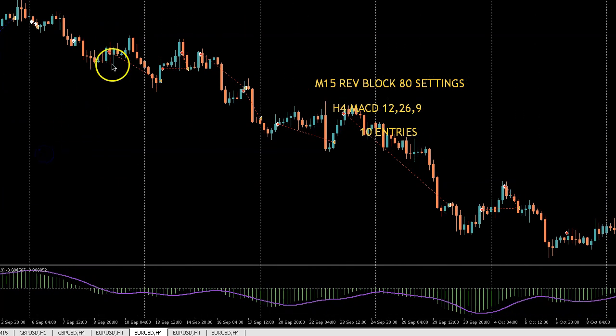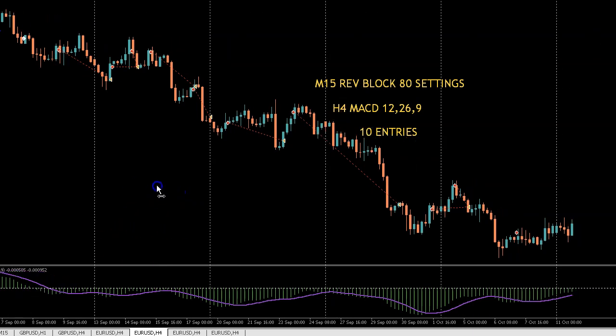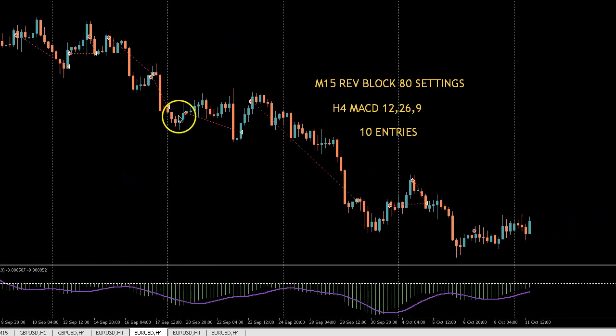So right here, we definitely got some really good selling opportunities, one after the other. Again, these are all 15-minute entries, but we're looking at the 4-hour time frame right now. There are times when the EA gives us entries when we really haven't had enough of a pullback.